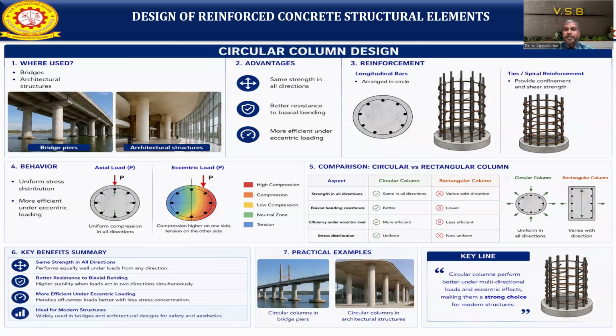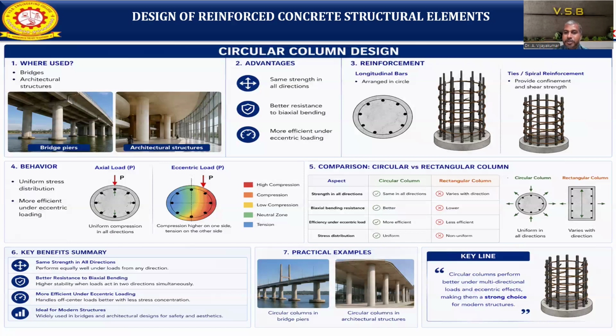What is the major difference between circular and rectangular columns? Strength in all directions. A circular column has strength in all directions, but a rectangular column varies with direction. A circular column resists biaxial bending, but a rectangular column is much lower in resisting biaxial bending. Under eccentric loading, the circular column is more efficient, but the rectangular column is less efficient.